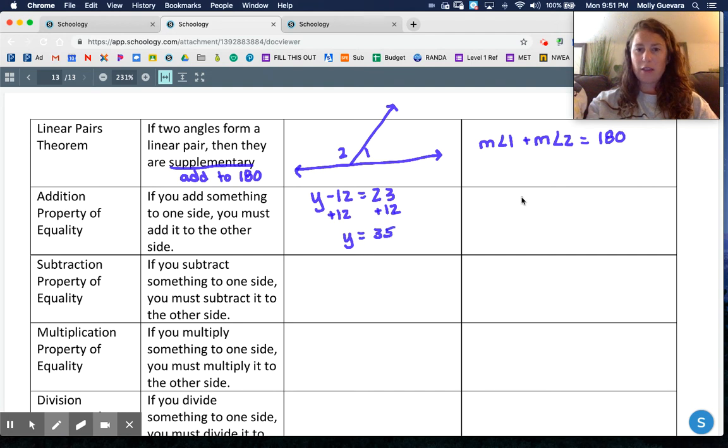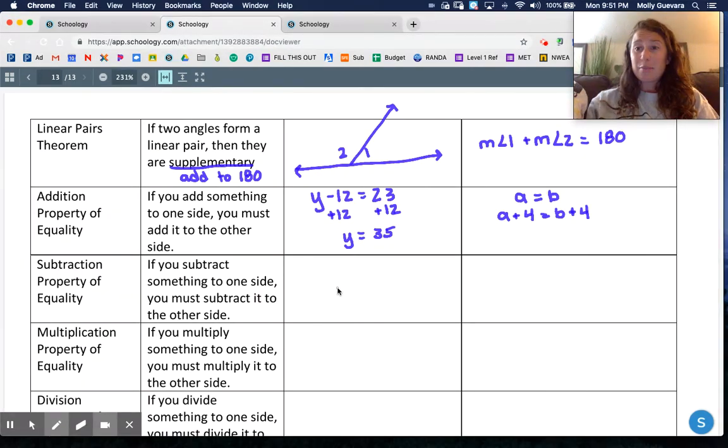Okay, so if I have a equals b, and if I add 4 to one side, I also have to add 4 to the other side. That's all we're saying. If you add something to one side, you have to add it to the other side. And that's called the addition property of equality.